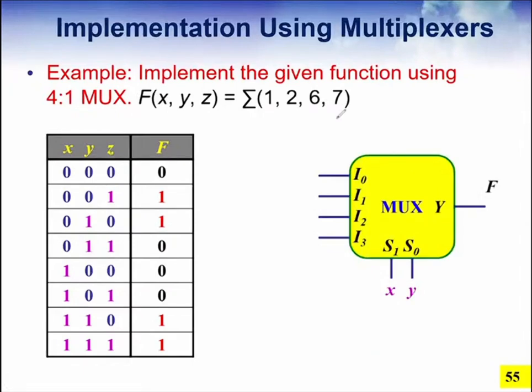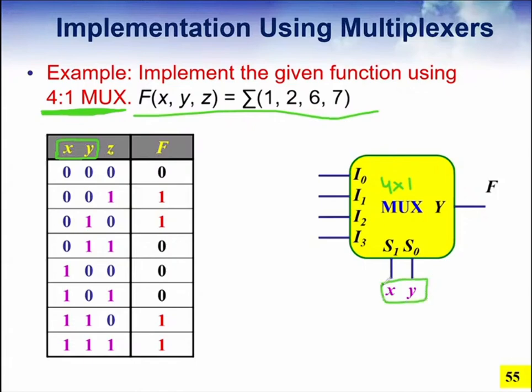Same function, but the question says to implement using 4 cross 1. When I am using a 4 cross 1 multiplexer, it means I have only 2 selection lines. So I will write that X and Y are going to be my selection lines, and I connect them.